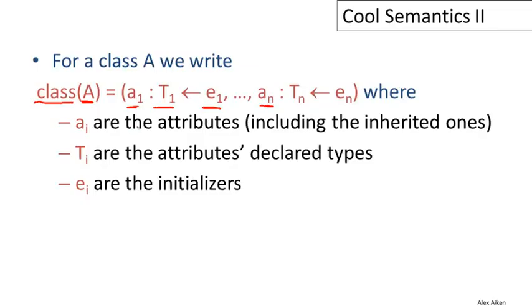And one other important feature of this list is that it includes all the attributes of class A, including the inherited ones. And there's another detail, which is in what order these attributes appear. And this will actually become important when we define the semantics of how attributes are initialized. And the rule is that attributes are listed in greatest ancestor first order.